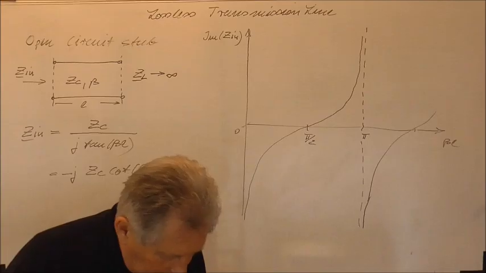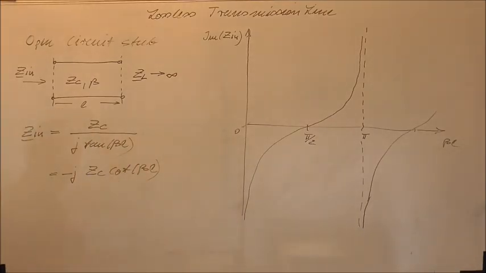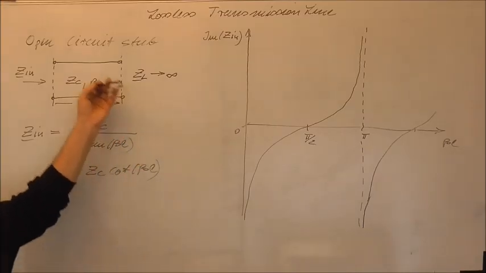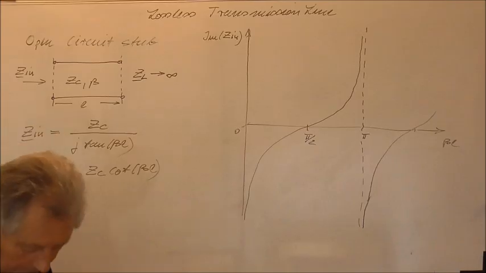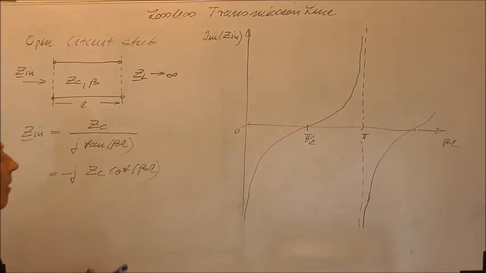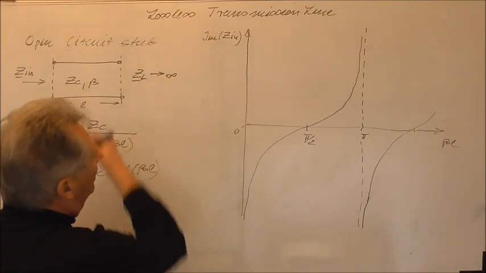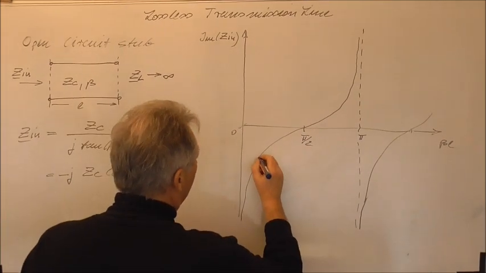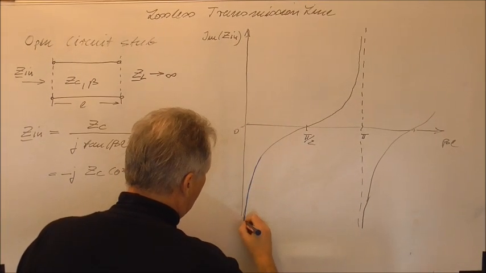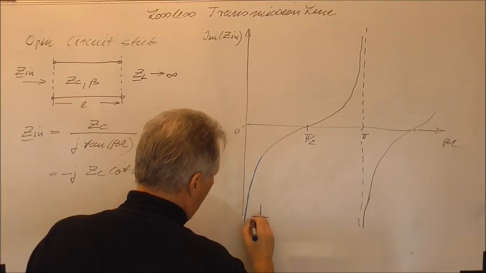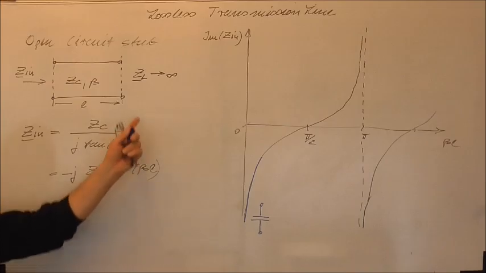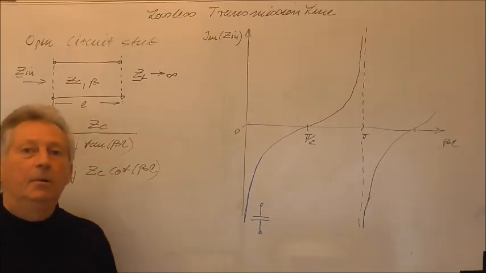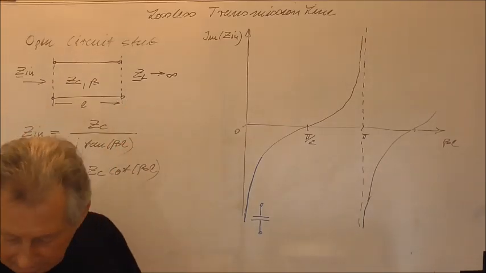And now again we can ask which lumped elements can be realized using an open circuit stub. And here you again see that for low frequencies or short lengths, an open circuit stub is able to realize a capacitor. So a short open circuit stub can be used to realize a capacitor.